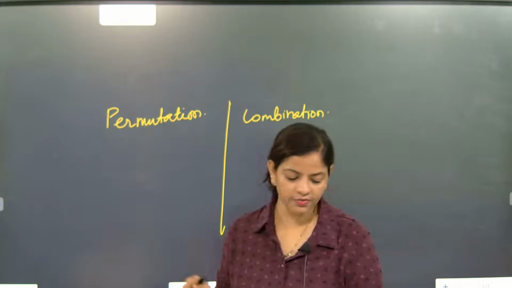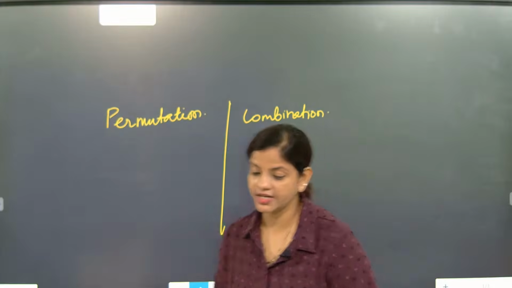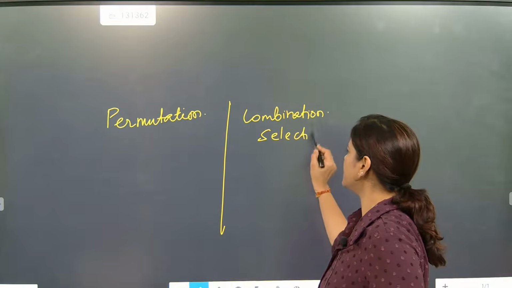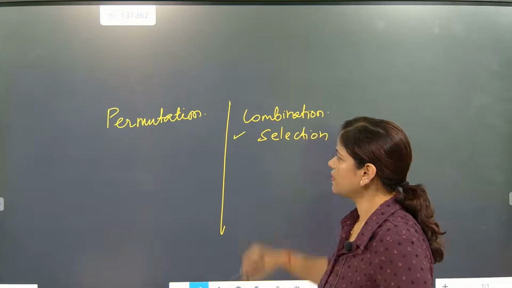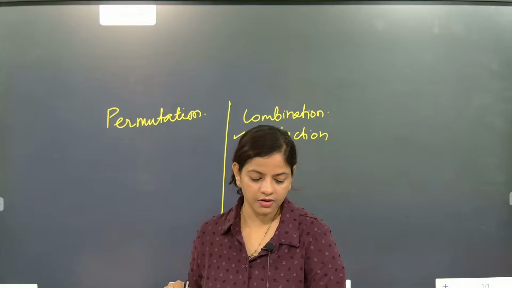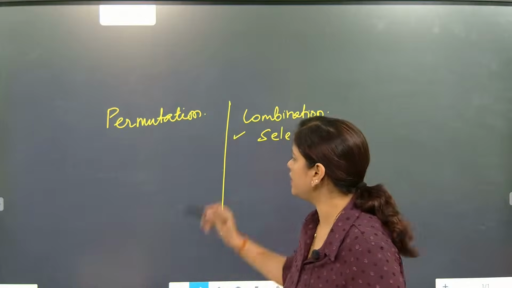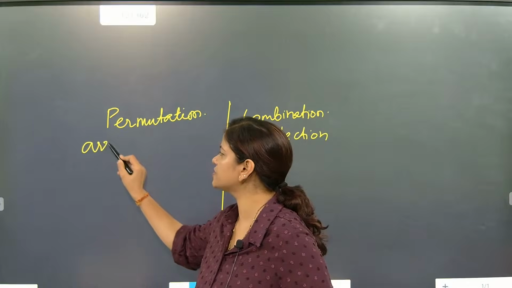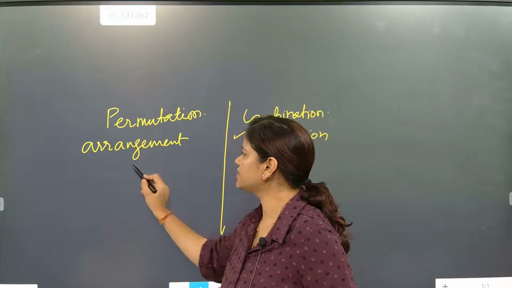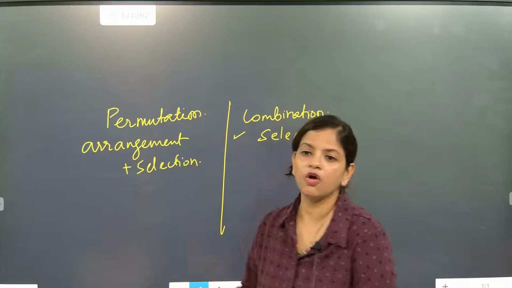We need to understand one thing. So here, combination is only selection. But permutation is arrangement. See, arrangement and selection both are there. Arrangement, you have to arrange. Arrangement and selection. So this makes the difference between permutation and combination.